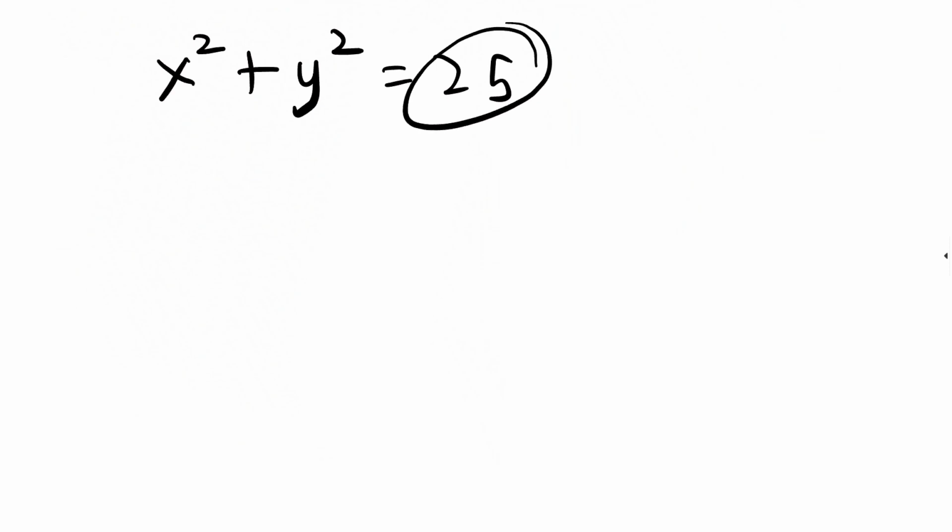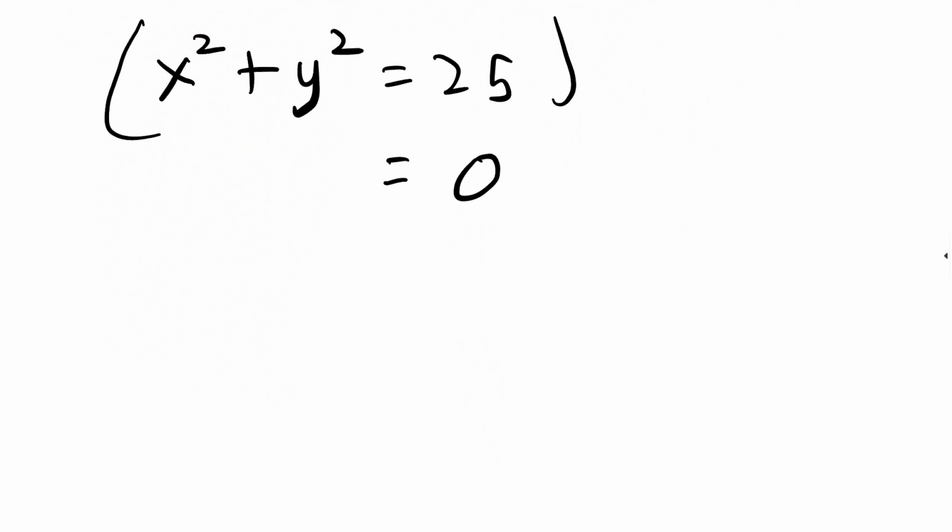So let's take our x squared plus y squared is equal to 25. And we're going to take the derivative of each side of the equation. Now, this right-hand side is just going to be 0 once you take the derivative, because a constant's derivative is just 0.